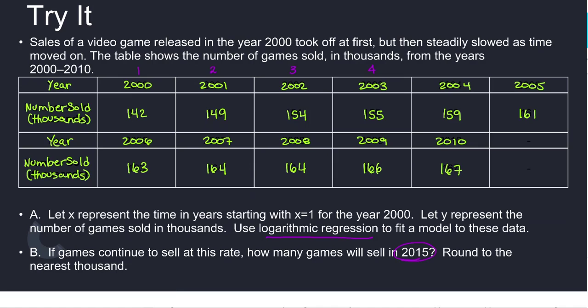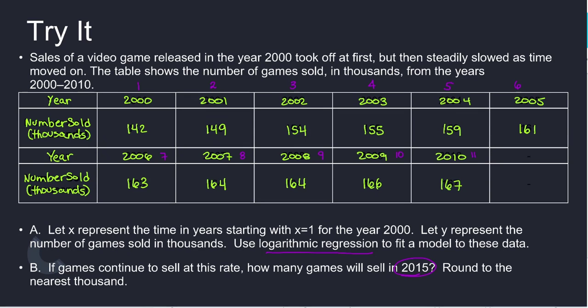And you can go ahead and try to work both A and B yourself, and then come back and we can go over all of it. Okay, so hopefully you put this in your calculator and you found the regression equation and you were able to estimate the number of games they'd sell in 2015.